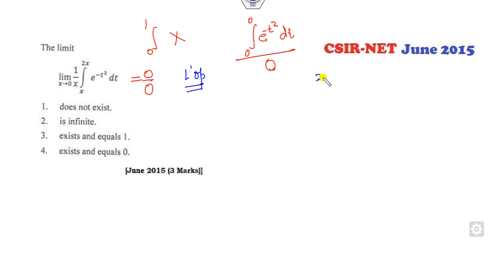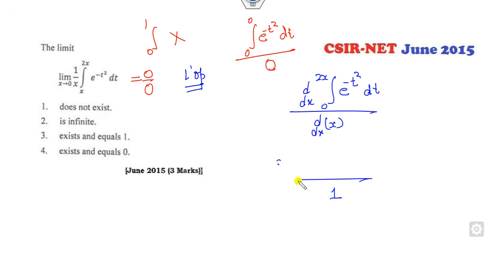So that means you have to take the derivative of this with respect to x and the derivative of this denominator, which is easy. How can you take the derivative of this part? It's very simple. Firstly, substitute the value of 2x in t. So it is e to the 2x whole squared into the derivative of this. What is the derivative of this? It is 2 minus, substitute the lower limit here, e raised to power 0 into the derivative of the lower limit.